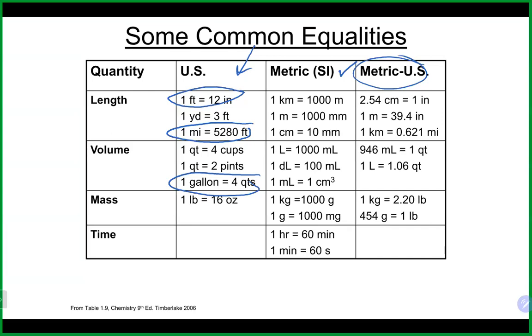There are a couple that you don't. This first one here is an exact conversion: 1 inch is 2.54 centimeters, so you don't have to worry about it there. A lot of books will use this conversion, but here at Saddleback they would like you to know that there is 453.6 grams in 1 pound, and we will use that one here, and that's an exact conversion as well.